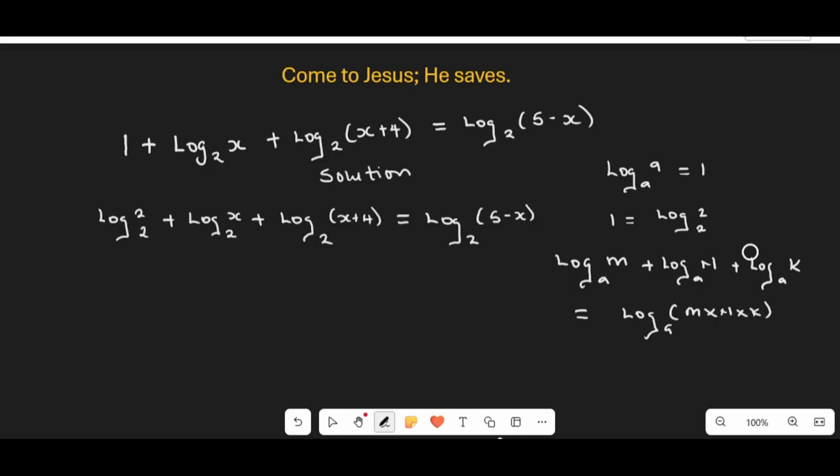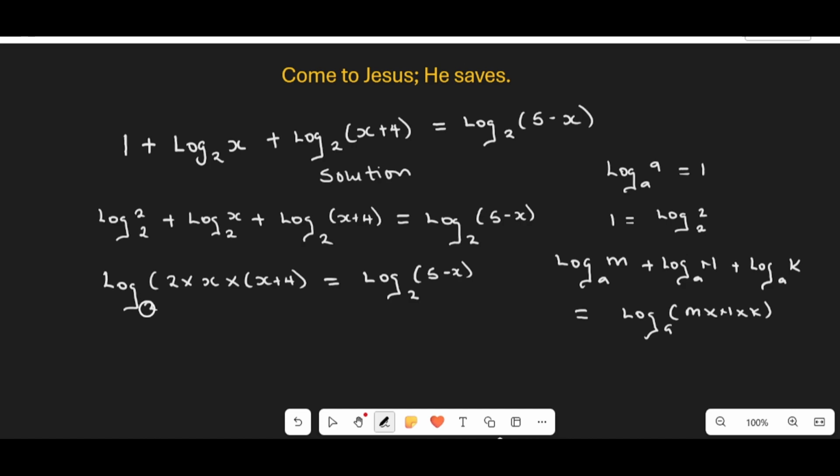So let us use this law to rewrite the left hand side. So I can say log 2 multiplied by x multiplied by x plus 4 base 2 equals log 5 minus x base 2.